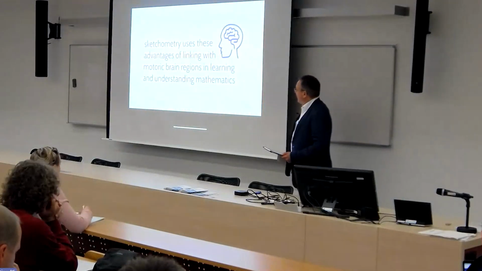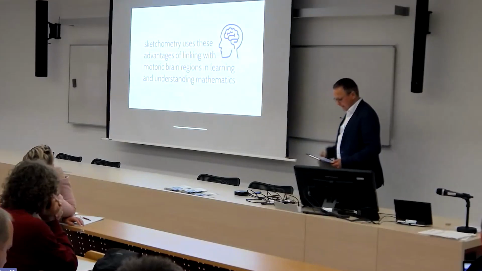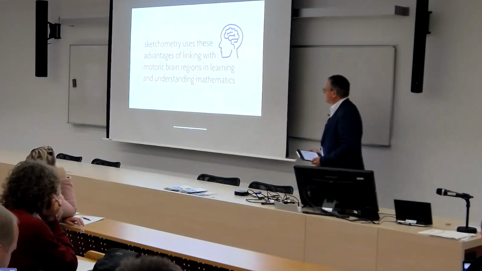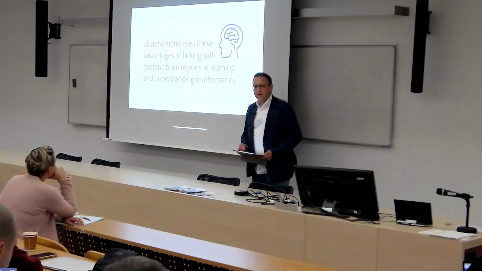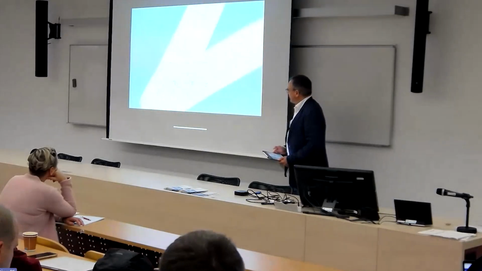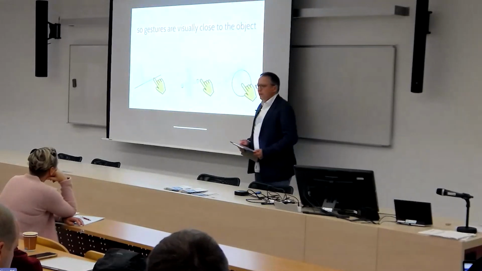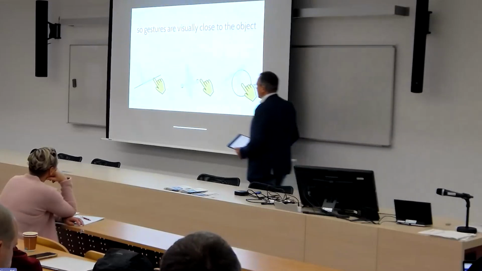Sketchometry uses these advantages of linking motoric brain regions in learning and understanding mathematical problems. And that's the reason why we created these gestures in that way. They are very close to the object.